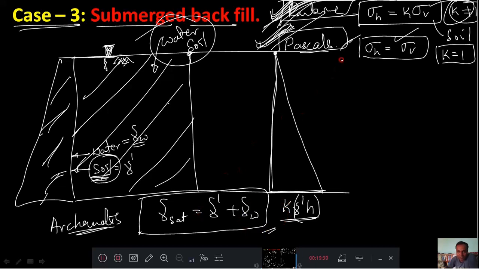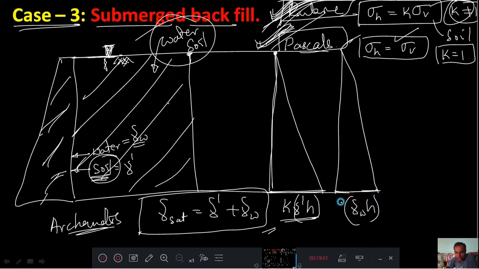Then Archimedes calls Pascal: you come, Pascal, in your case water is there, you should not multiply K, therefore you take gamma W into H only, you don't multiply K there. This means we will have two triangles here.